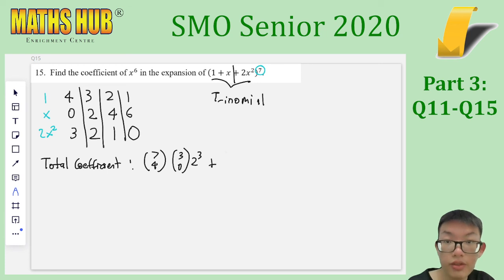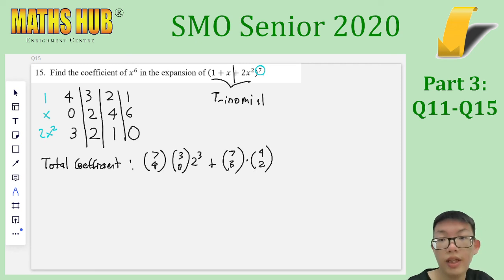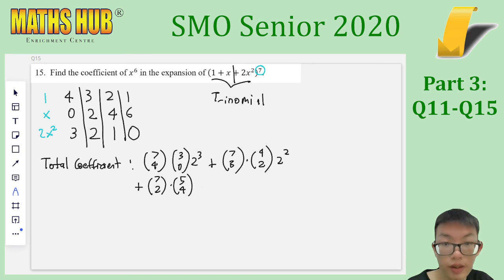Next, you can have 7 choose 3 times 4 choose 2, and you have 2 squared from the one below. In the third case, you have 7 choose 2 times 5 choose 4 times 2. And finally, you have 7 choose 1 times 6 choose 6.